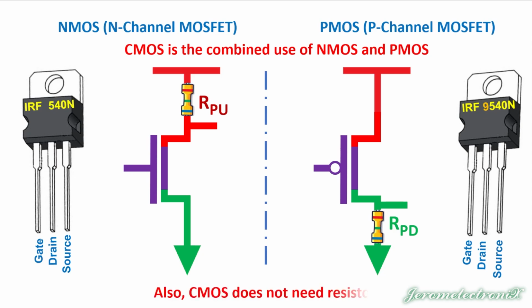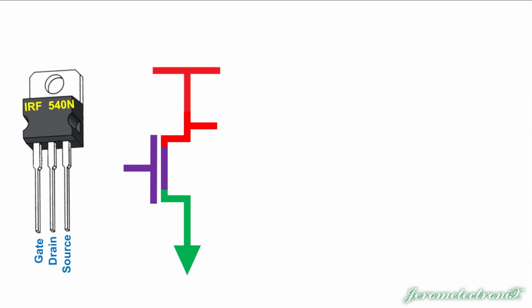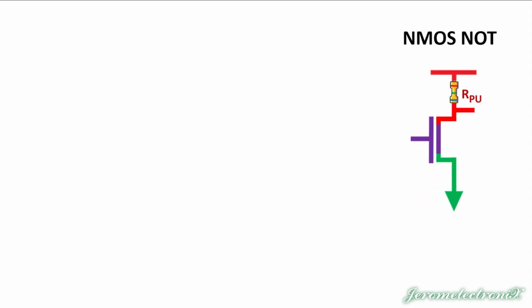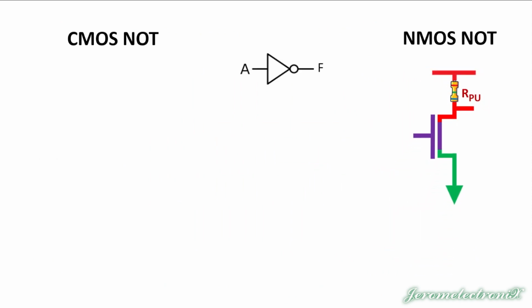What that does is it eliminates the need for resistors, so those can go away. So I've got an NMOS here. I'm putting the resistor back on it. The reason I'm putting it back over here on the right is because I want to compare it as I build its CMOS counterpart, which is just, CMOS means complementary metal oxide semiconductor. That's what CMOS stands for.